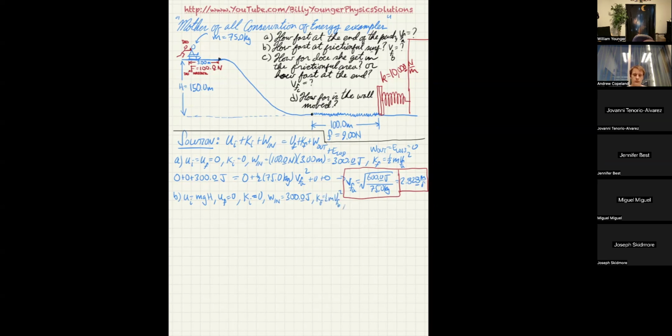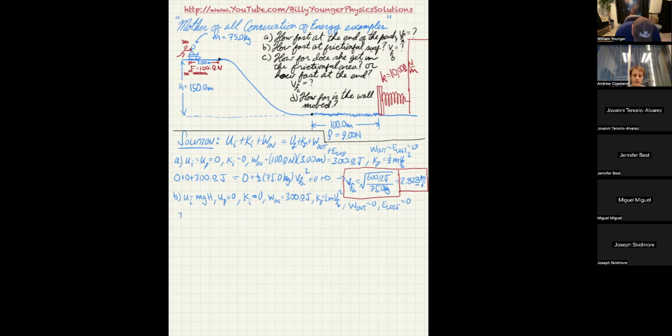And also, I'm going to say that work out is equal to 0. And I'm going to say that E loss is equal to 0 because I don't see anything that I need to address with work out or with E loss yet. All the transfer of energy is just changing form from potential energy of being up high to kinetic energy down low. So now I can plug all this in.